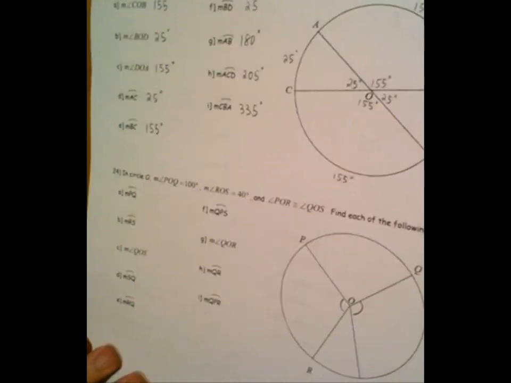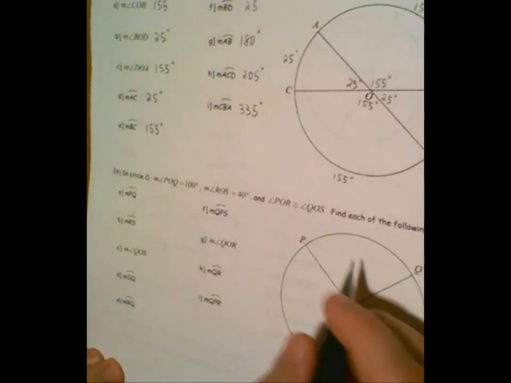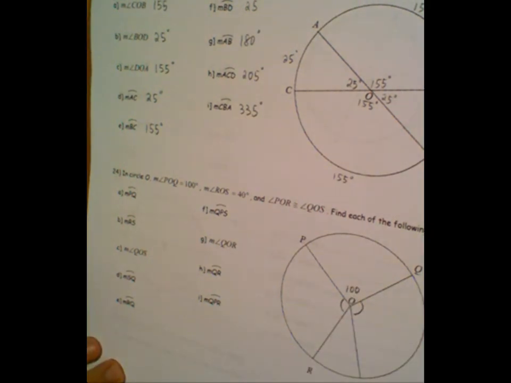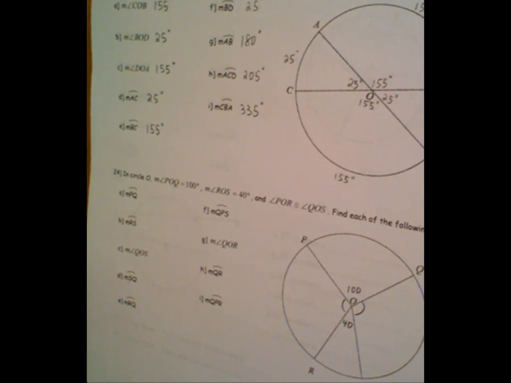Let me help you a little bit. Angle POQ is 100. And angle ROS is 40. This plus this plus this plus this have to add up to 360, but these two must be the same. I'm not giving you more than that, okay? You can call them both X and add them up to 360.